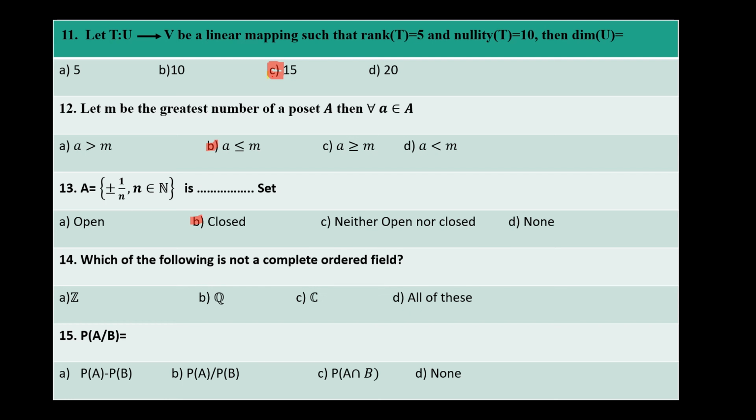We know that Z is not a field, so this is not a complete ordered field. Q is a field, but here we can have a sequence of rational numbers that converges to an irrational, which is not contained in the rationals. So this is not complete. And what about C? For the complex numbers, we don't have any order defined. So that's why the answer for this question will be D option.